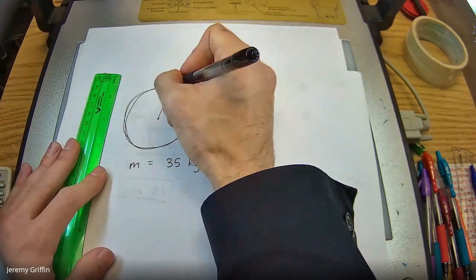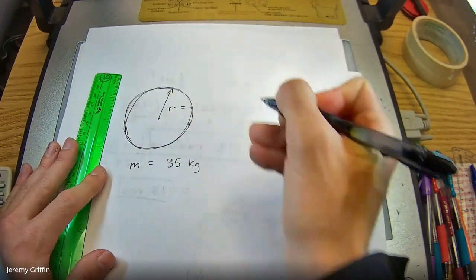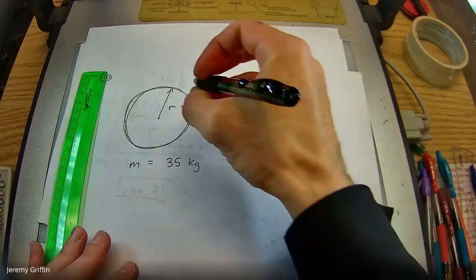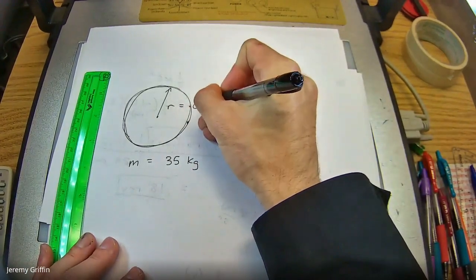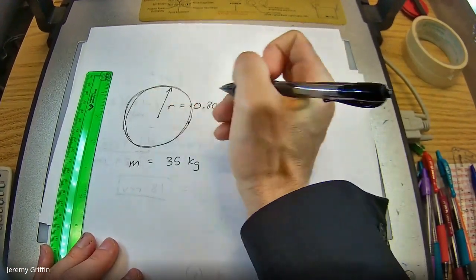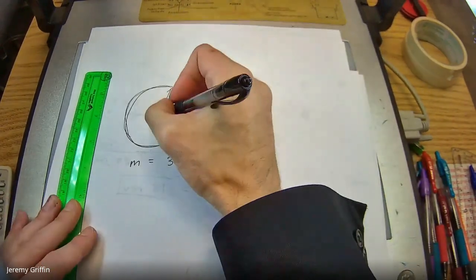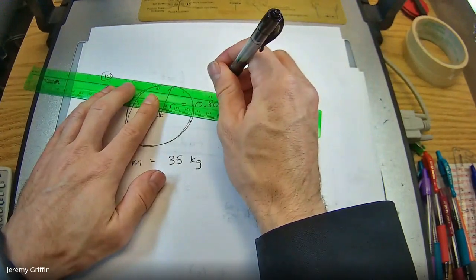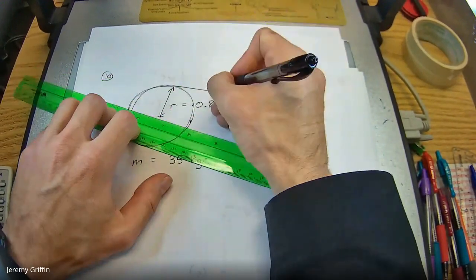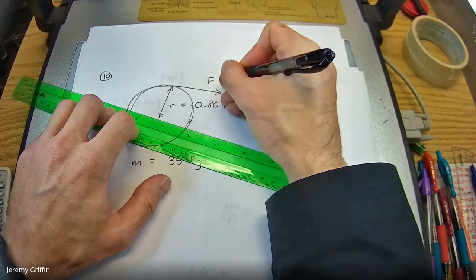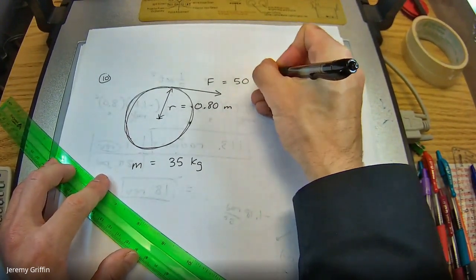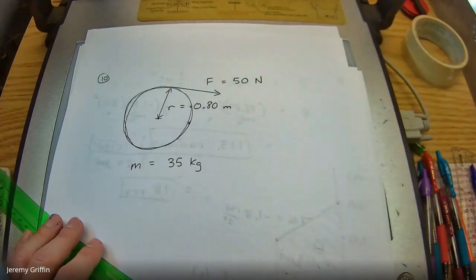So got a radius of, I'm going to call it a radius of 0.80 meters. Sorry, they did give that to you too. What they did not give you, where I'm going to make a change a little bit, is the force applied at the edge. And I'm going to call it 50 newtons. 50 Newton force.